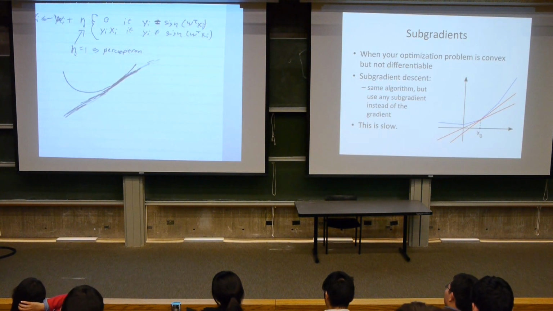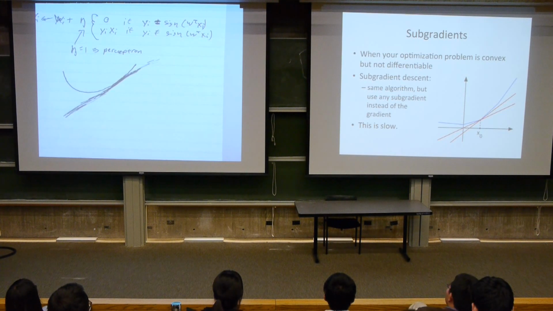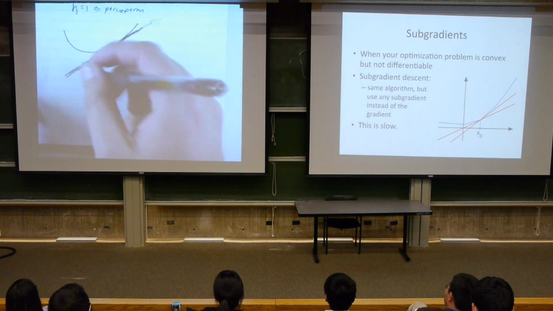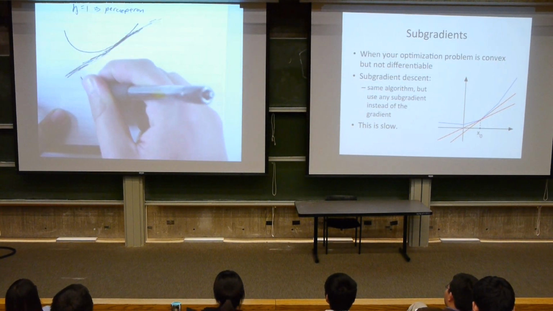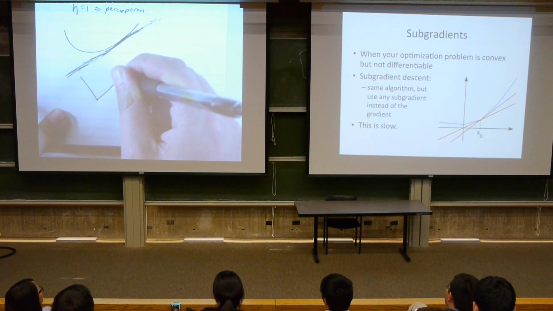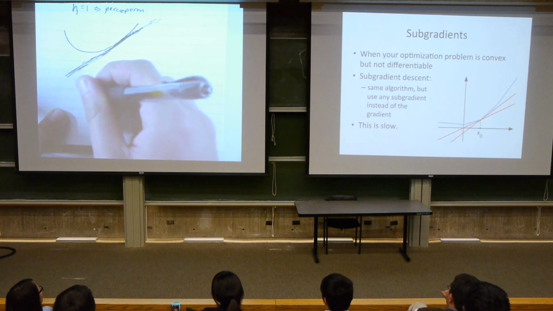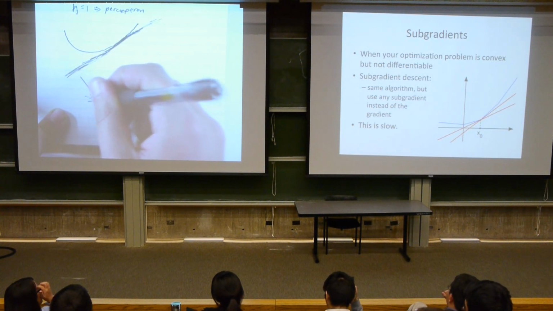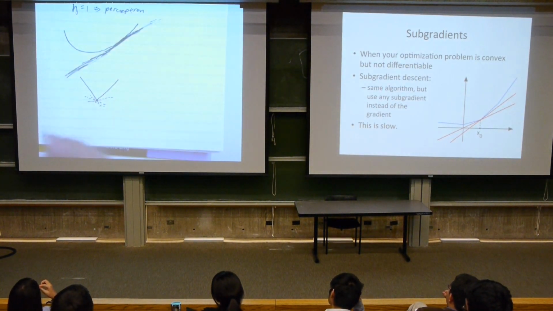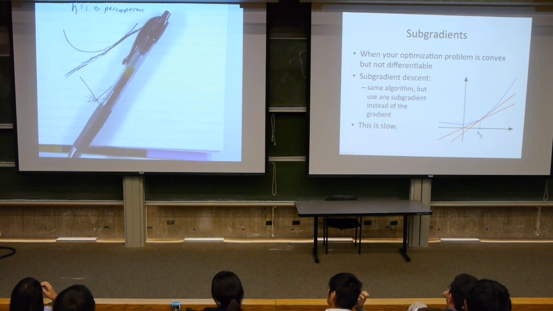For these subgradients, if you have a non-differentiable point, for example, the absolute value function, here's a tangent plane, there's a tangent plane, there's a tangent plane. There are a lot of possible planes. Here's two red ones here.